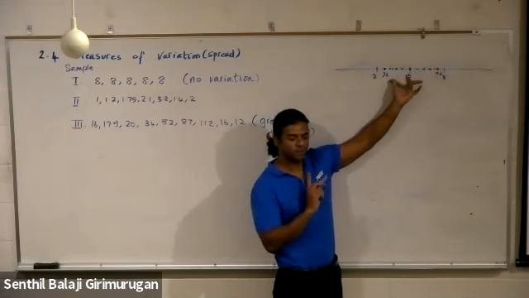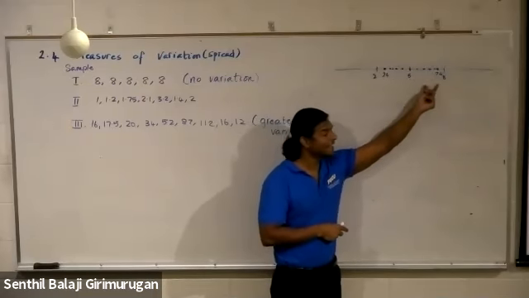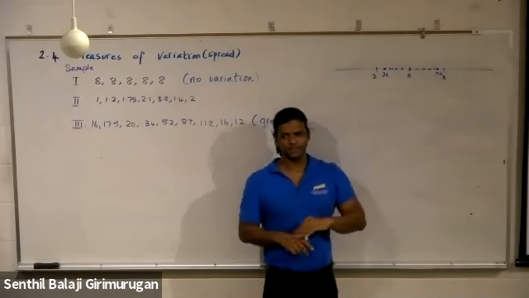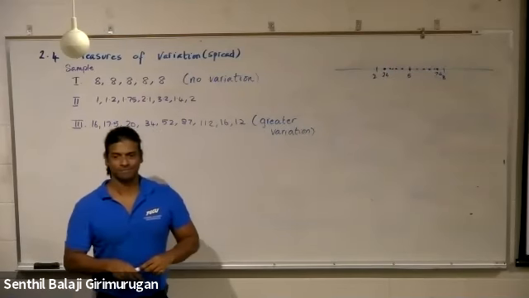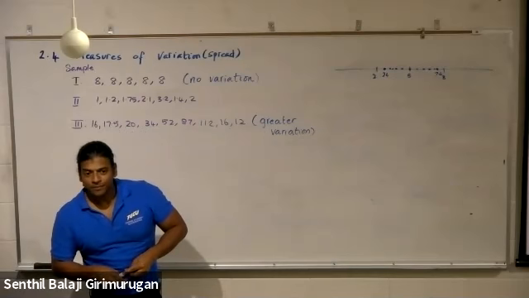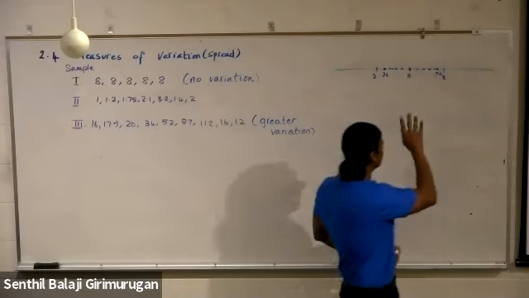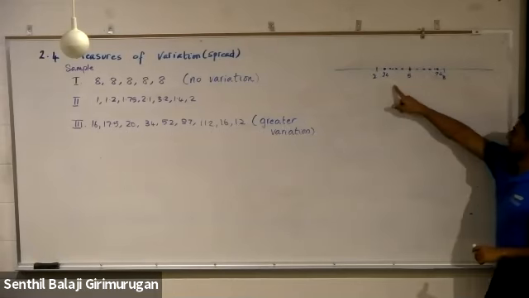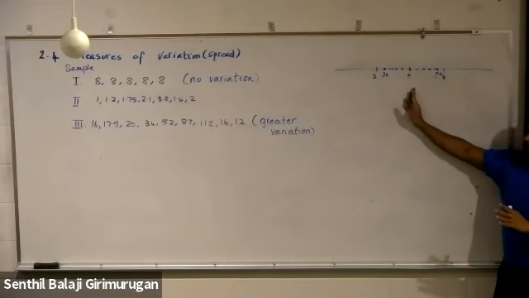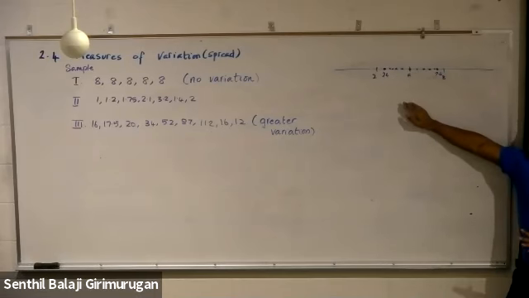So if I want to measure the spread between 2.6 and 7.4, how would I do it? Measures of variation. Great. So I have agreed with everything that you guys said. They're all close together, so not a lot of variation.